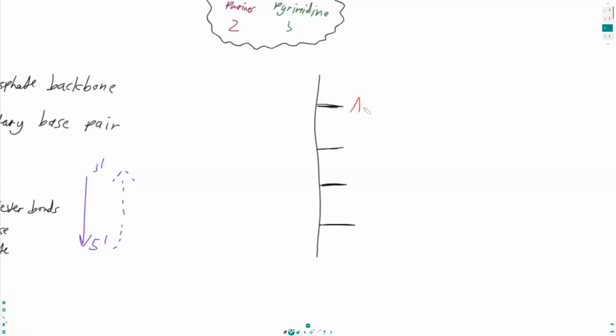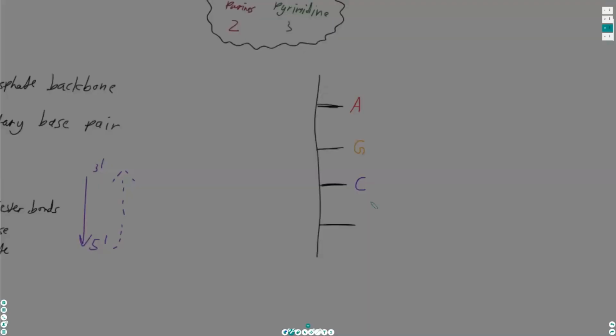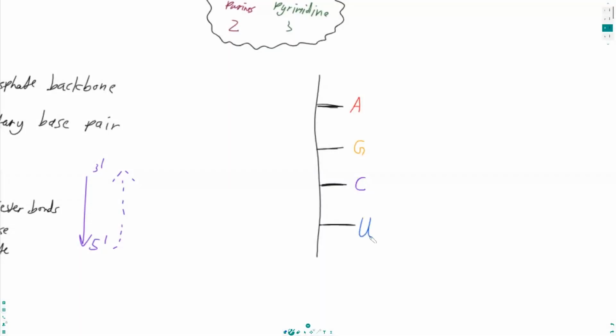Here we have A, G, C, and then the different one is U. So that's one major difference between RNA and DNA: one of the bases is different. U replaces T. So U itself replaces thymine.